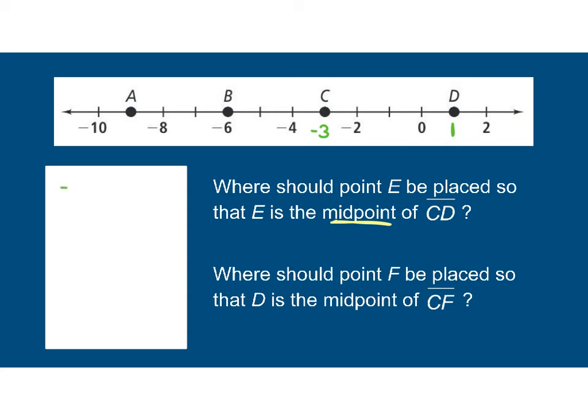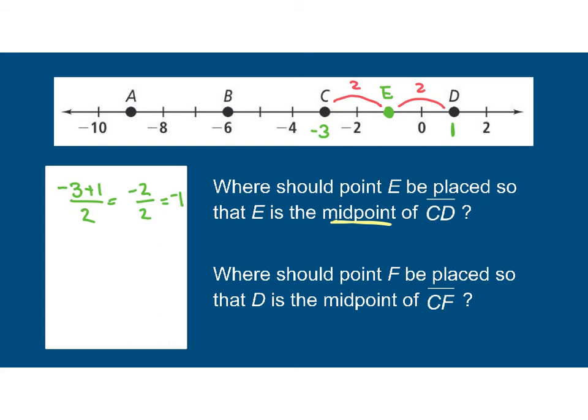So if I take -3 plus +1 and I divide it by 2, that's going to get me my midpoint. So -3 plus 1 takes me to -2. Divided by 2, it's going to be -1. So if I put point E right here at -1, that works out nicely because my distance between the 2 points then, this distance here is 2, this distance here is 2.